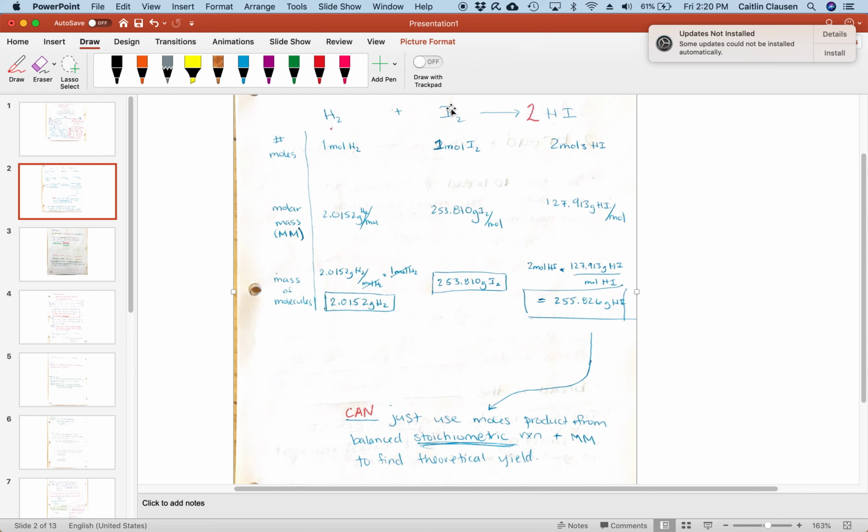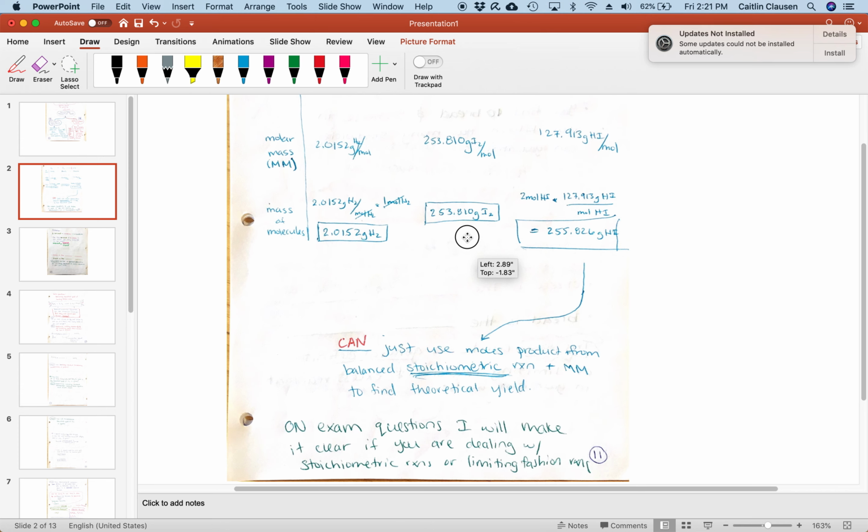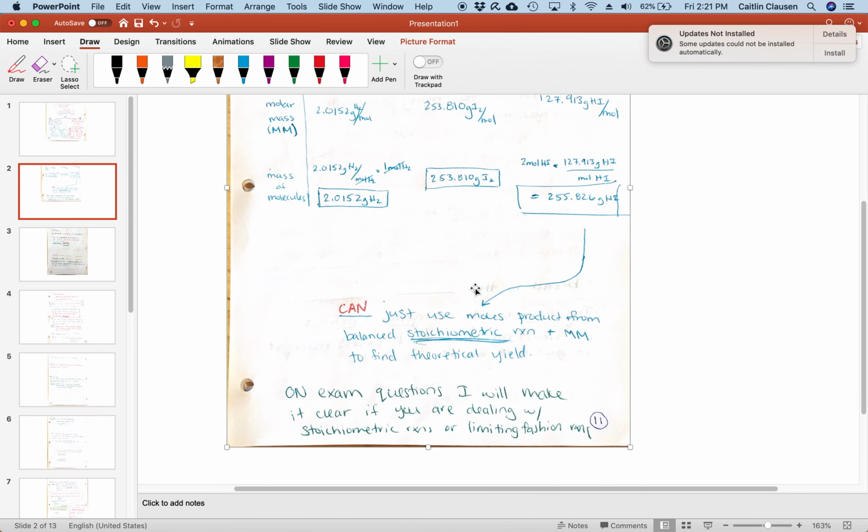If this recipe were 1 cup plus 2 cups gives me 1 cup plus another cup gives me 2 cups of my product, this might be grams, the metric system, instead. So in stoichiometric reactions, you can just use the moles to figure out your theoretical yield. On the exam and quizzes, I will make it clear whether you're dealing with stoichiometric or limiting reactant reactions.